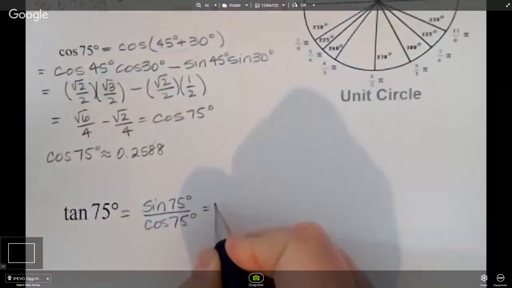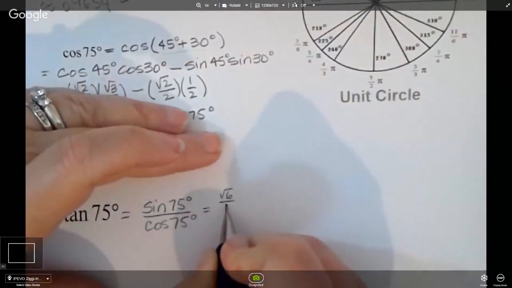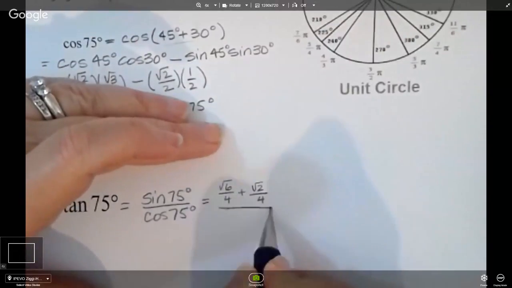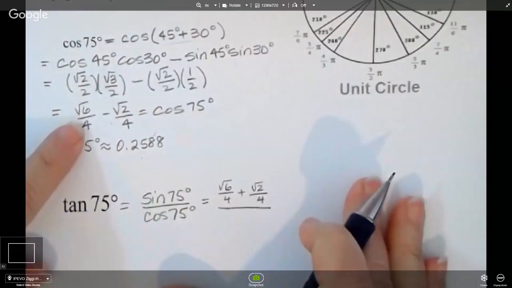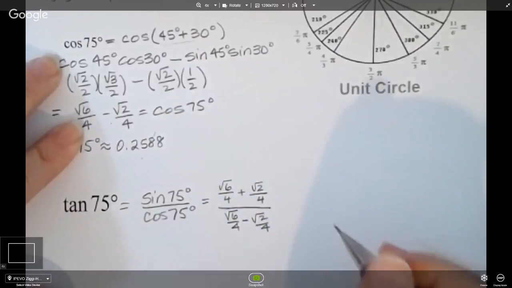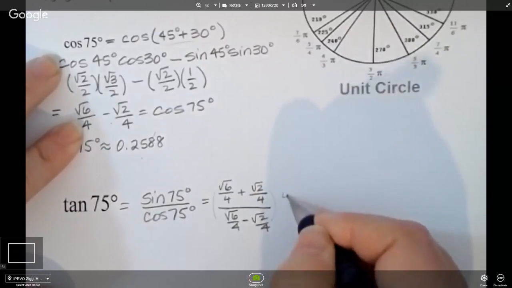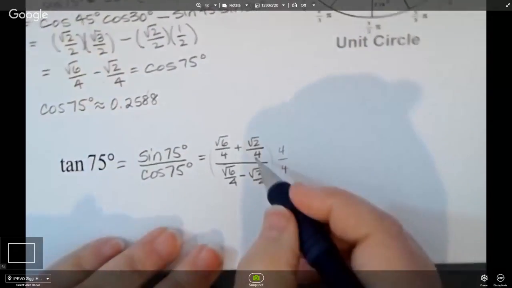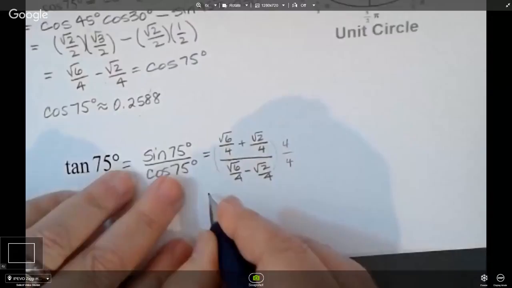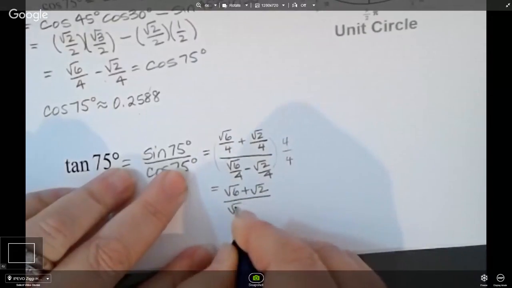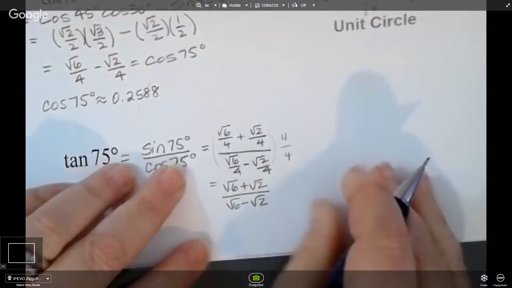So that's going to be root 6 over 4 plus root 2 over 4 divided by, and then we just figured out what the cosine was, which was root 6 over 4 minus root 2 over 4. And if I were to multiply this entire expression by 4 over 4, I can get rid of the denominators, and I can get the square root of 6 plus square root of 2 over the square root of 6 minus the square root of 2.